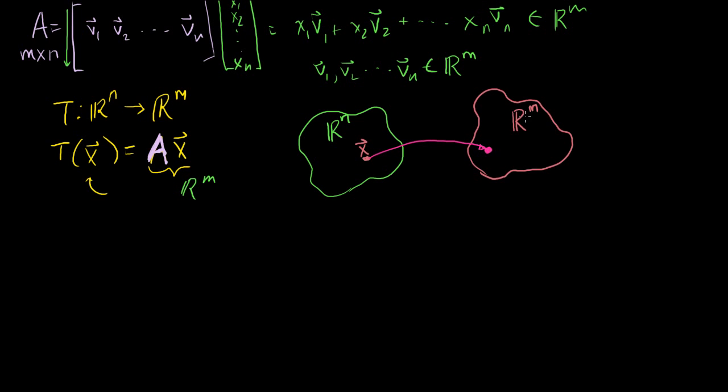And this guy will be a member of Rm, and we could call him Ax, or maybe if we said Ax equals b, we could call him the vector b, whatever. But this is our transformation mapping. So this does fit our definition, or our terminology, for a function or a transformation as a mapping from one set to another.